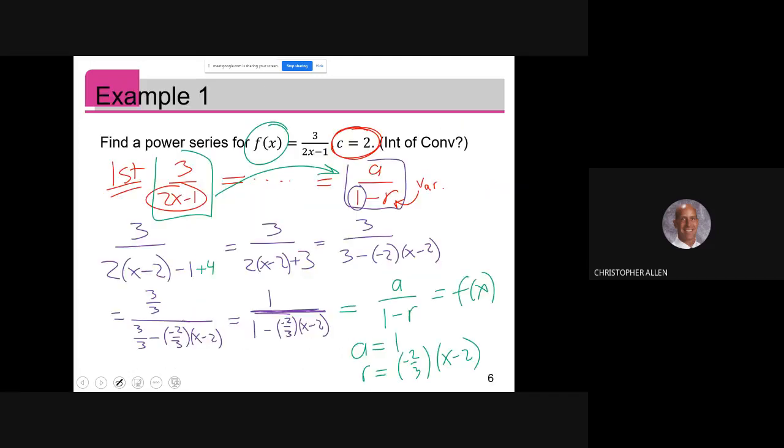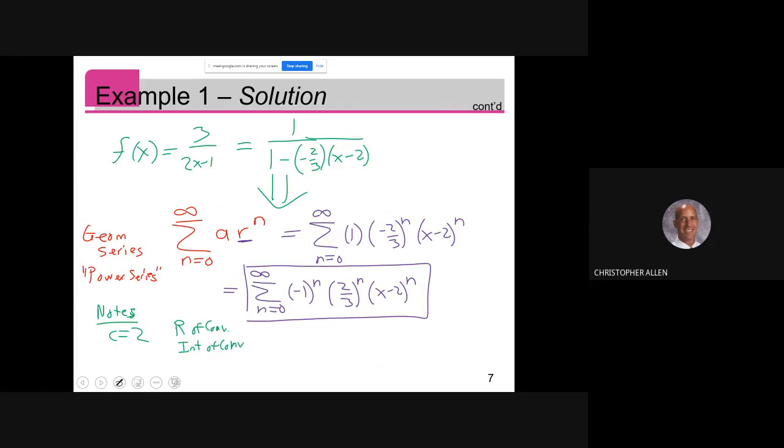In other words, in this particular problem, we just need this 2 over 3 absolute value of x minus 2 to be less than 1, correct? So how do I get that 2 over 3 to the other side? Well, you multiply by the reciprocal. And that'd be 3 over 2, that's 1 1/2.